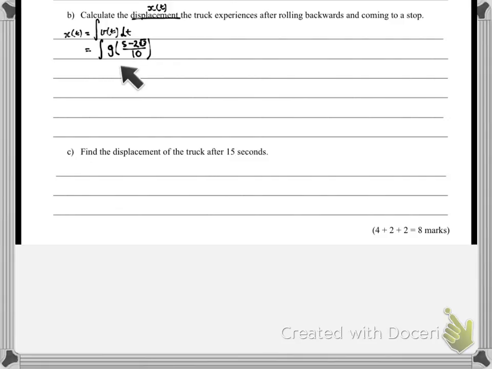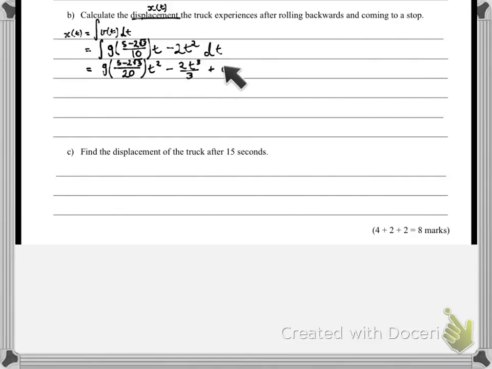So there's our velocity function from the previous question. Okay, now take the antiderivative, and our antiderivative of t goes to half t squared. Now the half is coming down to multiply the 10, so that's why we've got a denominator of 20. And then the antiderivative of 2t squared becomes t to the power of 3 divided by 3.